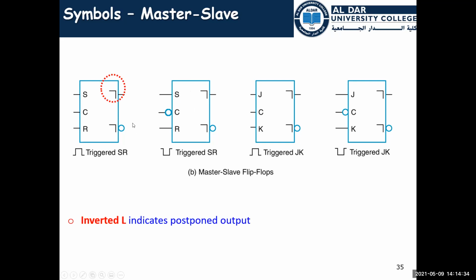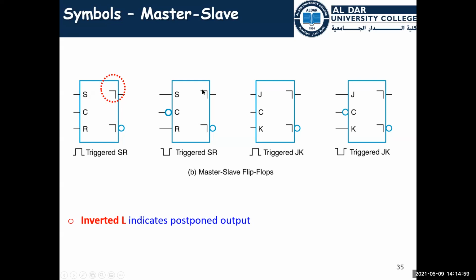And this means postponed output. Postponed output means that we can hold it, it is not transparent. This means the output is not transparent, so we can hold it. Hold it means if we want to keep the previous state, we can keep it irrespective of the input.